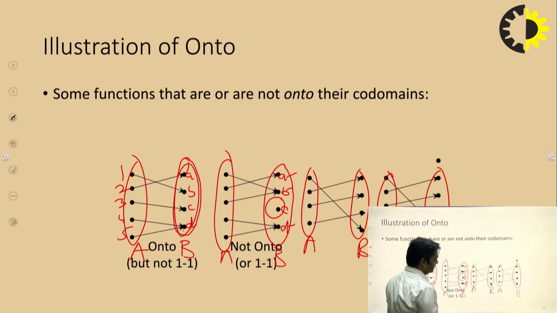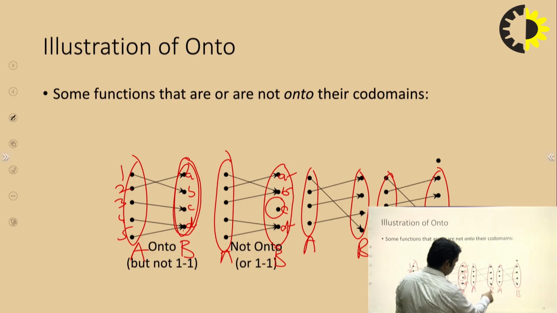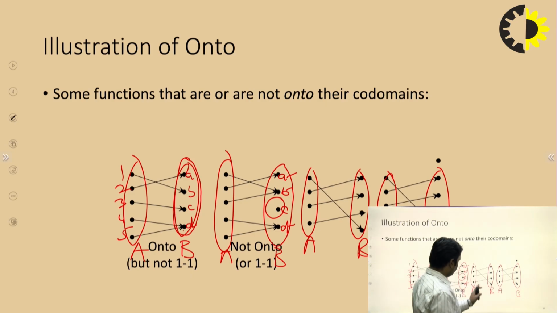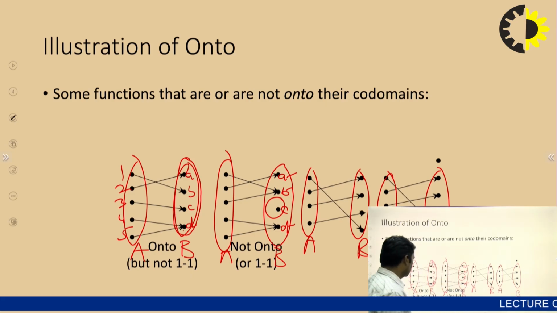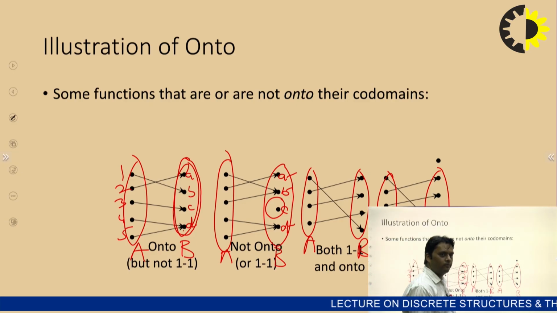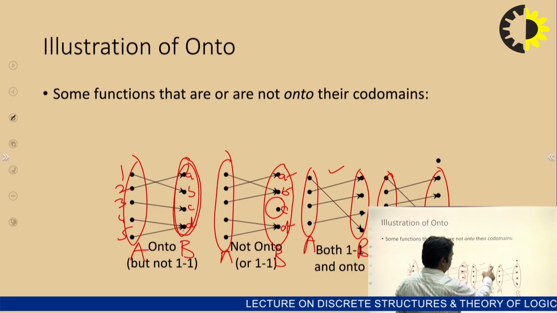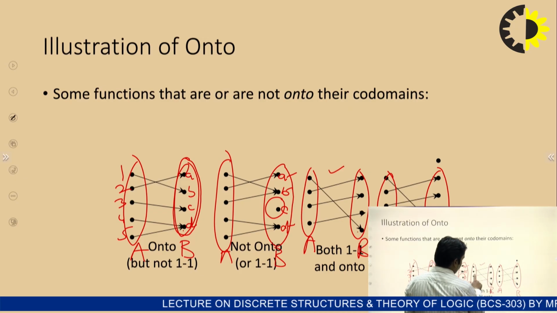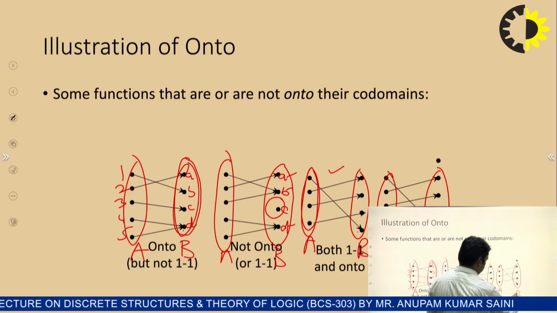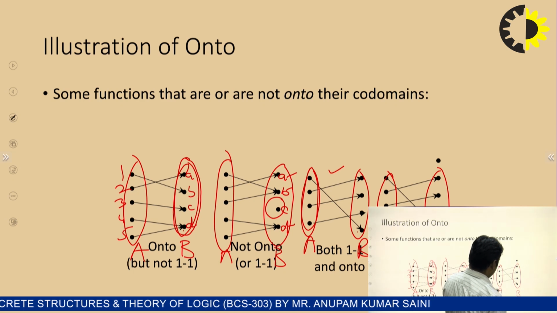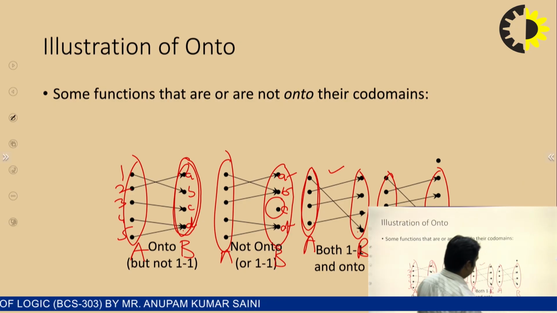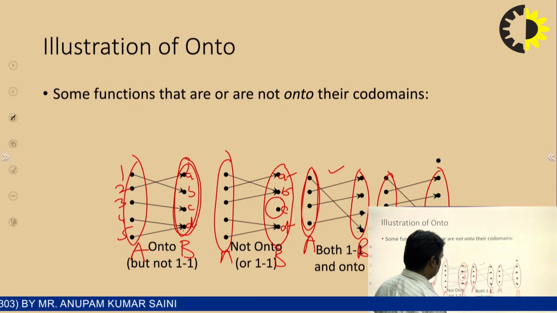In the third one, this is one to one and all are the image of A, so it is also onto and one to one also. This one is onto because all the elements are the image of set A, and in this, all the elements are the image of A, so this is also onto.